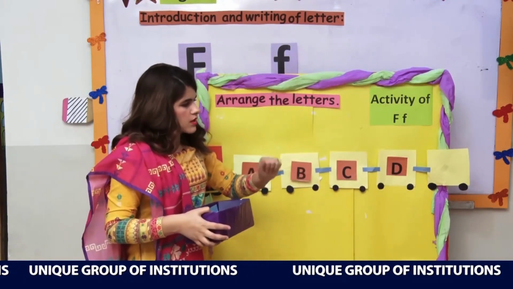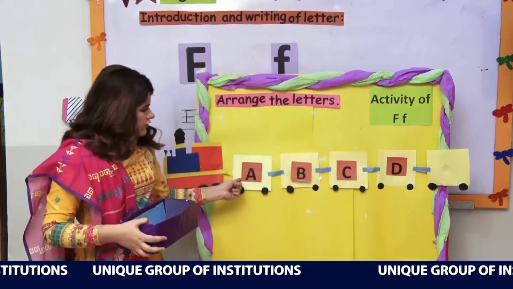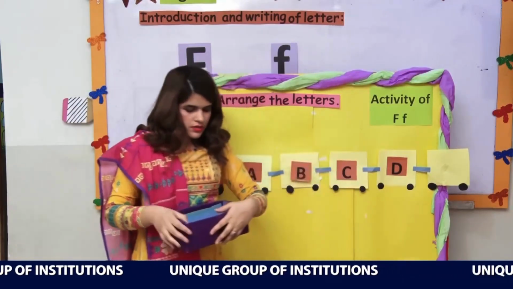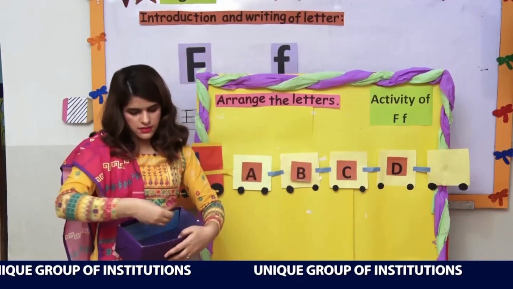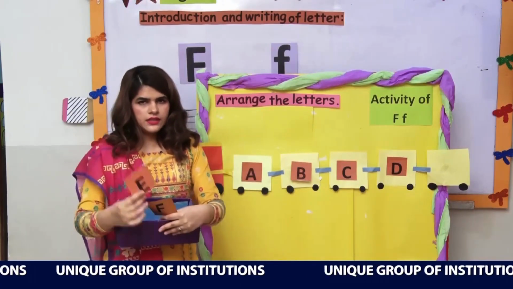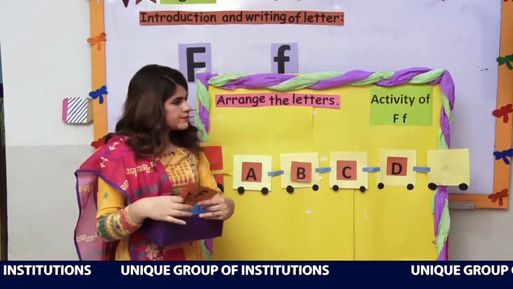But in the last box we have to paste two letters. Can you guess what will be that? Start from here. A, B, C, D. Now I have two letters in my box only, this and this. So let me see what will come first, E or F. You can see E and also an F in my hand.